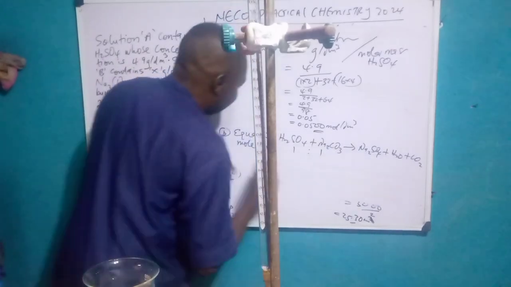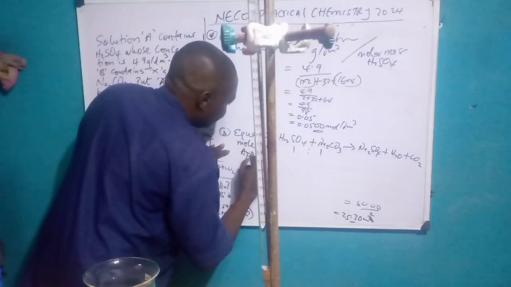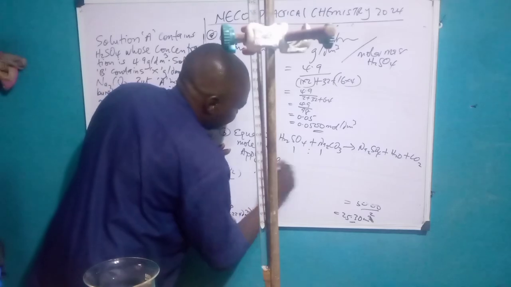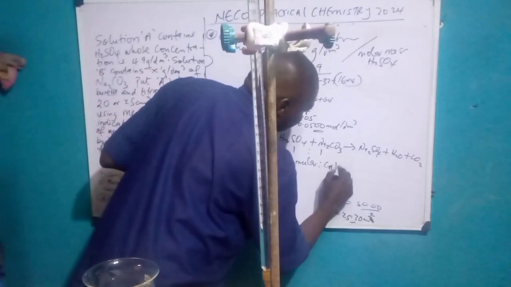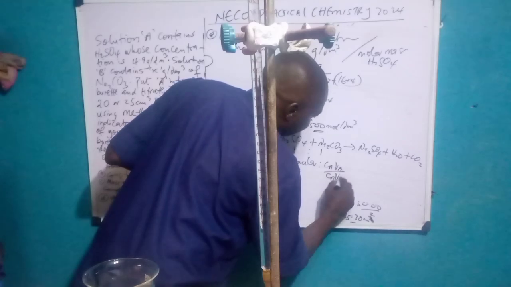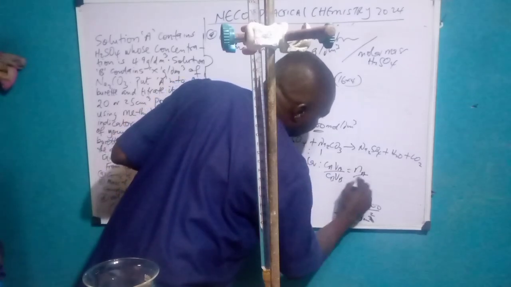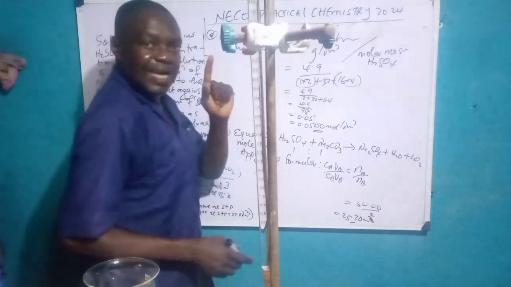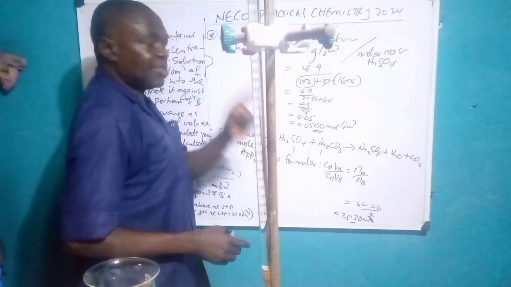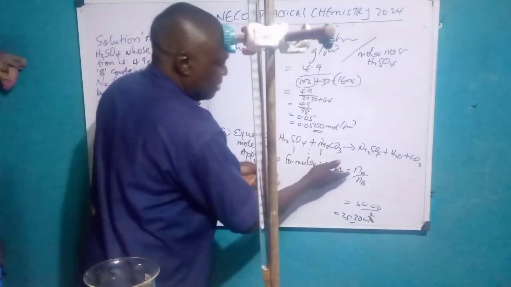So from applying the formula, CaVa over CbVb equals Na over Nb. If you watch my previous video, you know the names of all these things, from that first titration we did. So there's no need for writing the names.